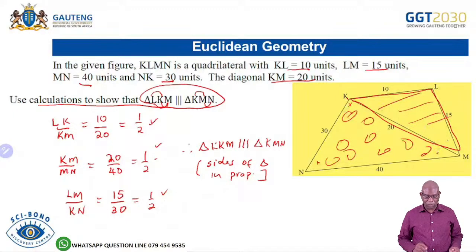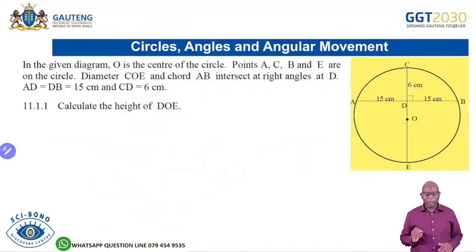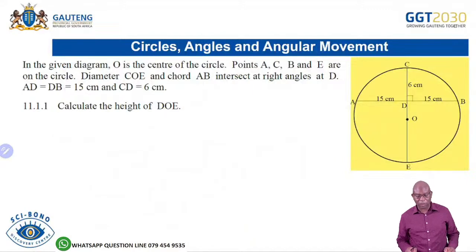So in this case, the sides are in the same proportion. I think with Euclidean geometry, if you can get this type of question right, we will be able to get marks from that. Please make sure that you attempt these questions in Euclidean geometry. They are not very difficult. We are going to take a few minutes before we start with circles, angles, and angular movement.